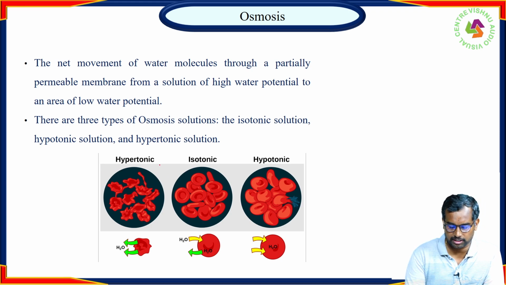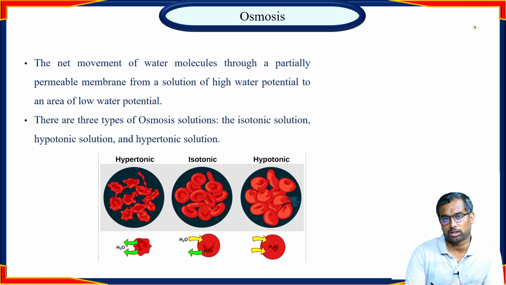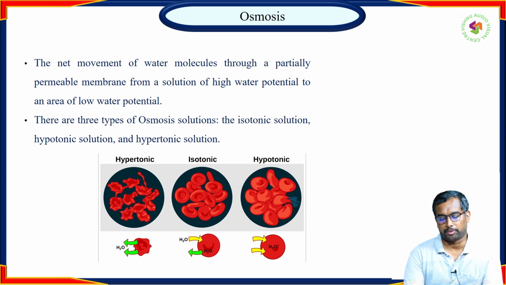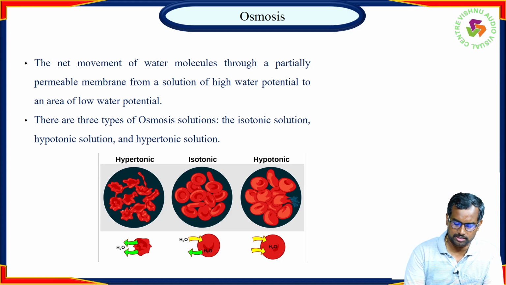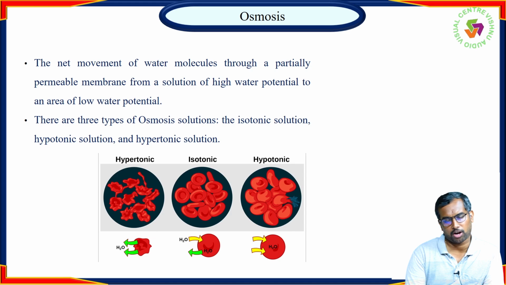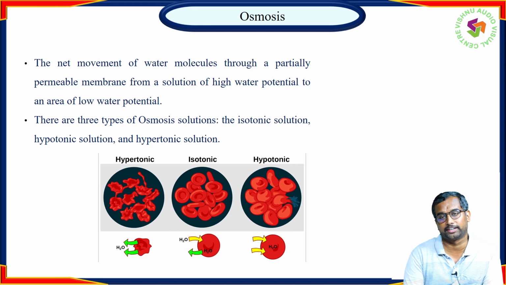So in hypertonic conditions, the water will flow from inside the cell to the outside across the cell membrane, thereby decreasing the water content in the cell. That is the reason you see that in a hypertonic solution, the cells have started to shrink down.